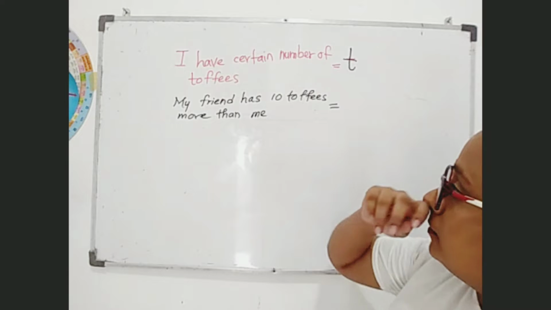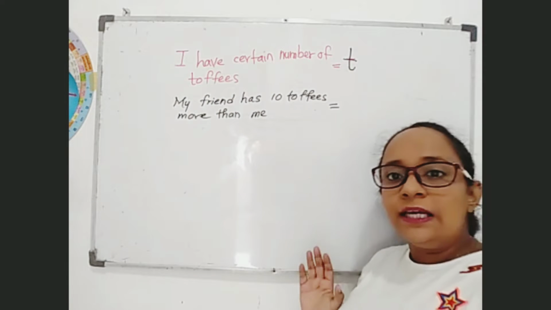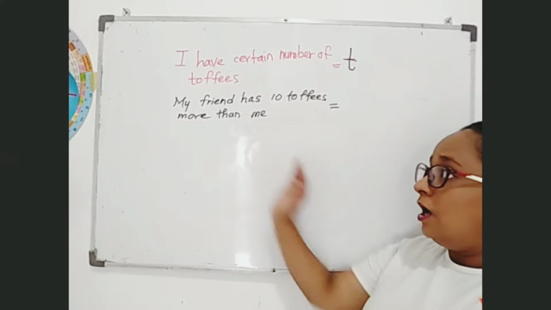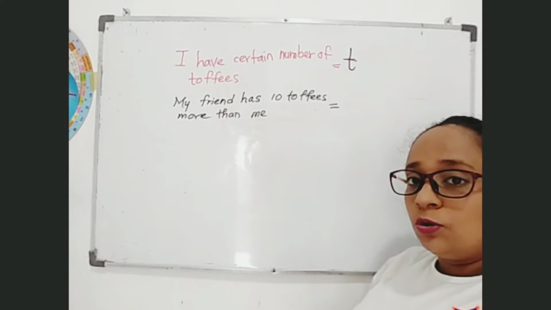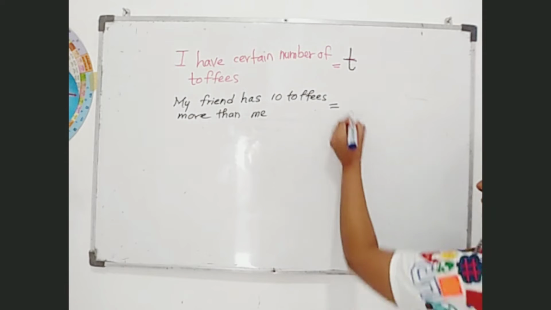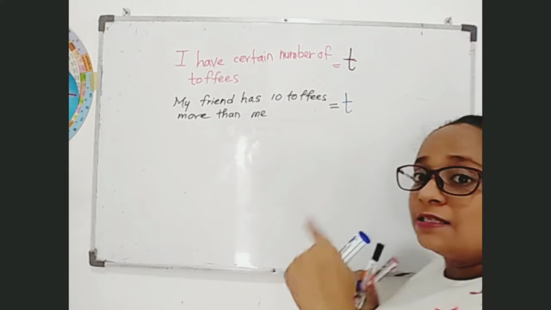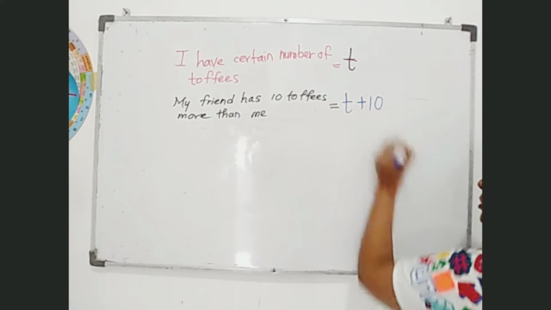Now I have T number of toffees. My friend has 10 more than me. So 10 more than myself. So I have T. If he has 10 more, that means I have to add 10 to this.